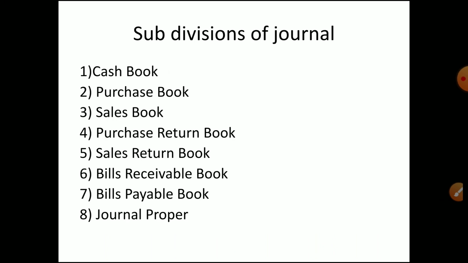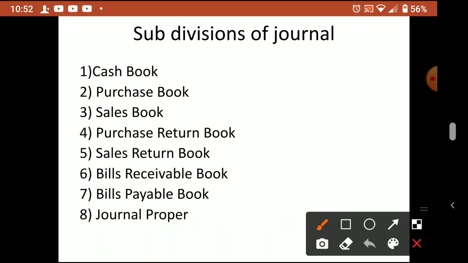So these are the subdivisions of journal: cash book, purchase book. All cash transactions will be in the cash book, all purchases will be in the purchase book, all sales will be in the sales book, and if we purchase and return it back, that we can show in the purchase return book.